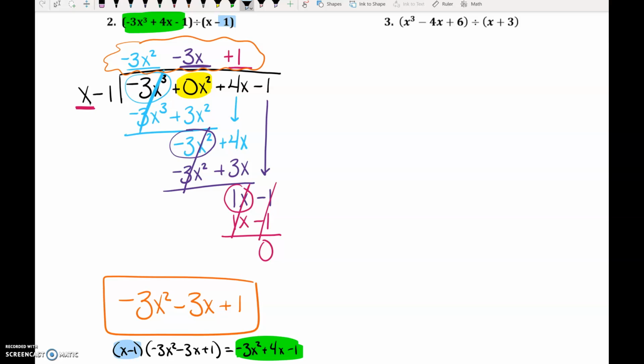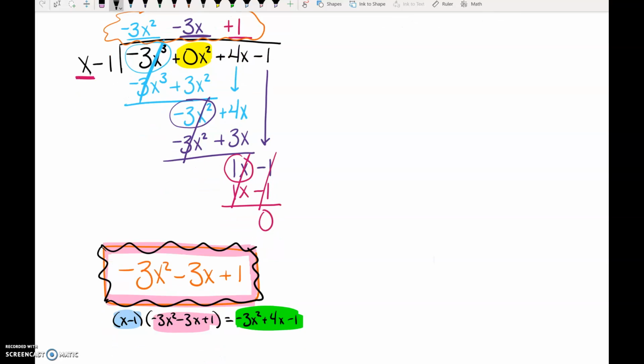This is what we divided by, and this is our answer. So yesterday we multiplied to get the green thing. Today we're taking the green thing divided by the blue thing to get the pink thing that we started with yesterday. I know that's kind of confusing, so if that doesn't make sense to you, don't worry about it. The important thing here is this is your answer, negative 3x squared minus 3x plus 1.